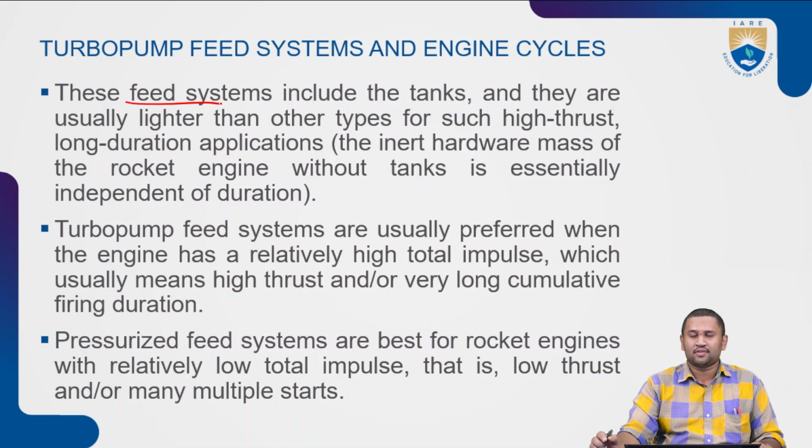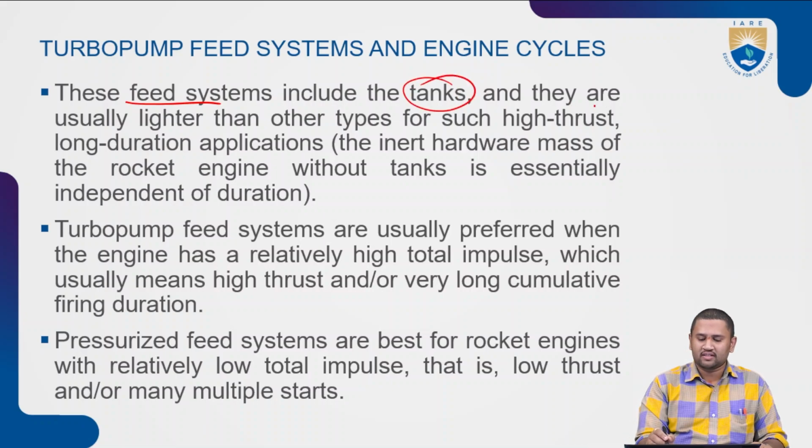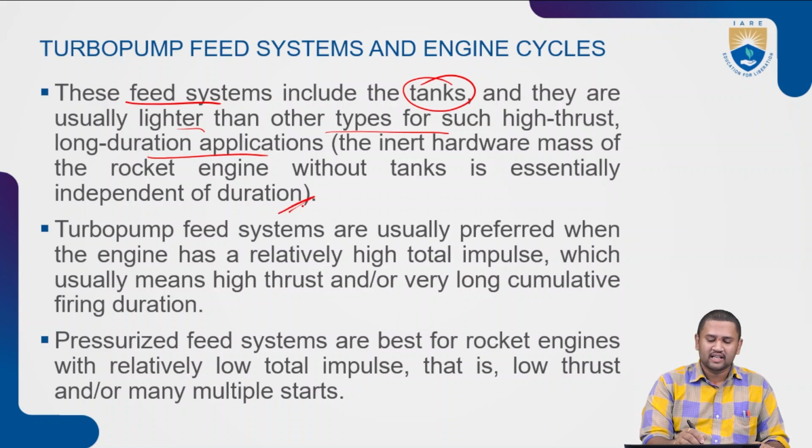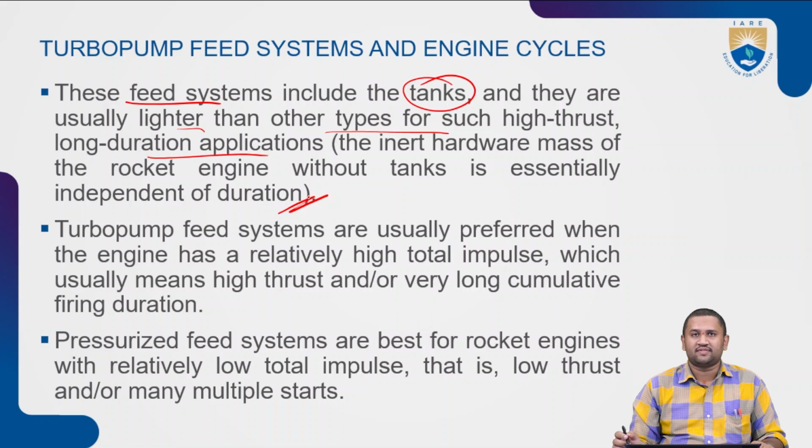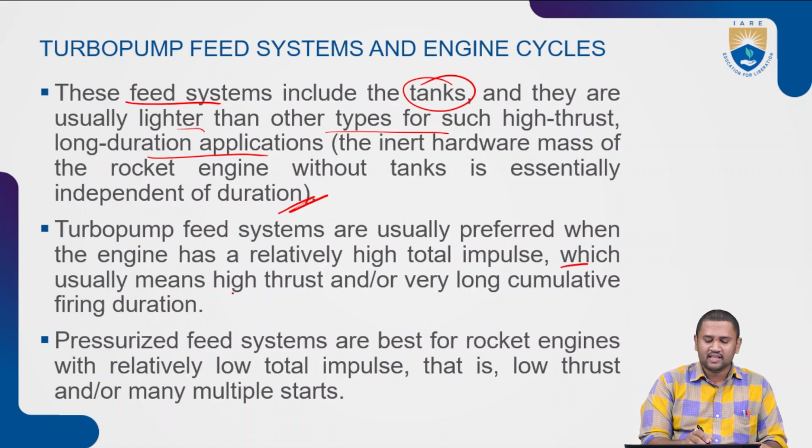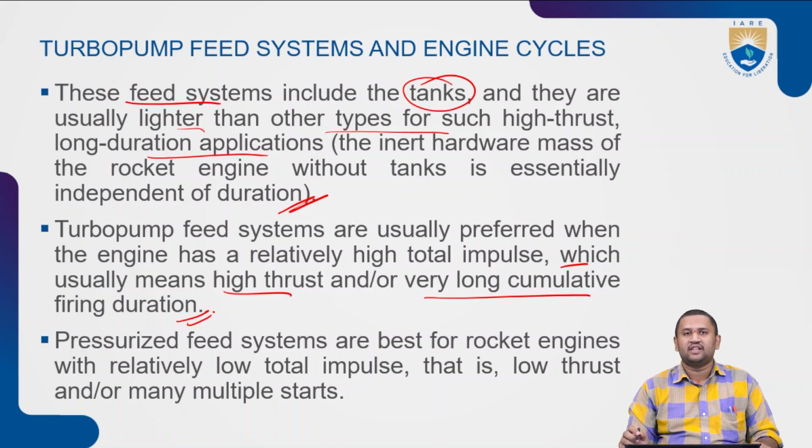These feed systems include the tanks in which the propellants are stored, which are usually lighter than other types, such as for high thrust, long duration applications. The inert hardware mass of the rocket engine without the tanks is essentially independent of the duration. The turbopump feed systems are usually preferred when the engine has relatively high total impulse, which usually means high thrust or a very long cumulative firing duration.